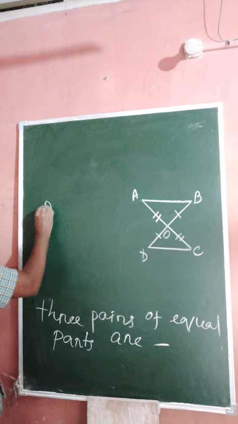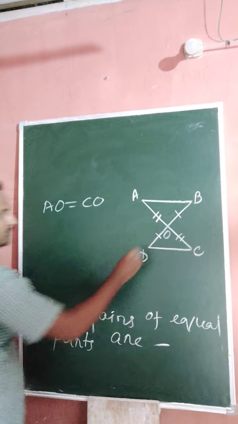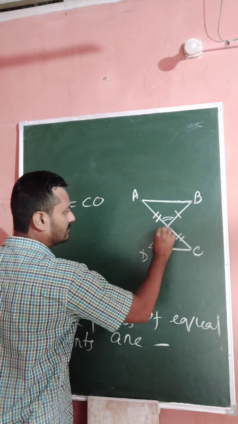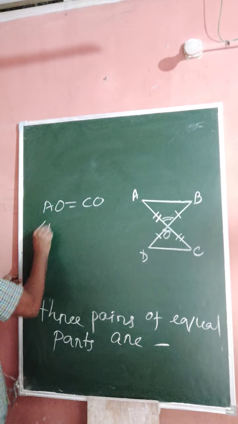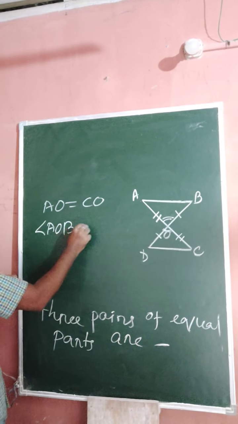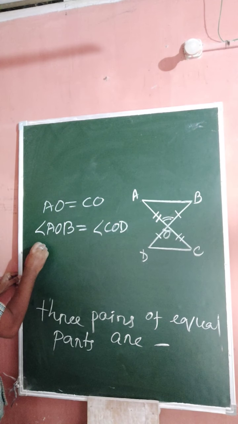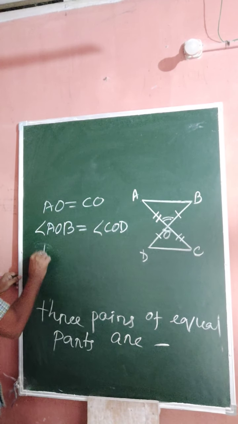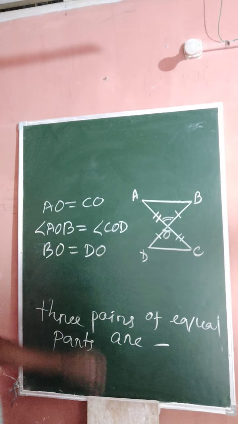One thing is given, AO equal to CO. You can look at these two angles. They are vertically opposite angles. So angle AOB is equal to angle COD. Another one is BO equal to DO. These three parts are equal.